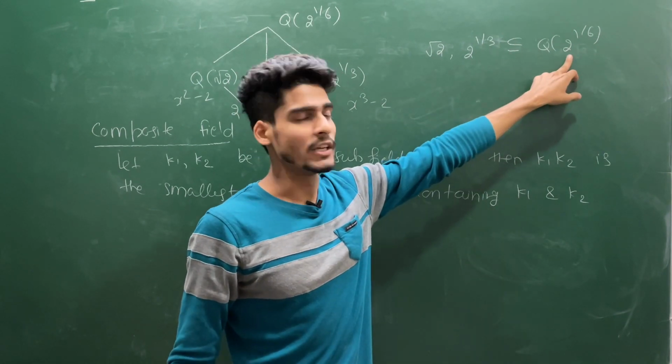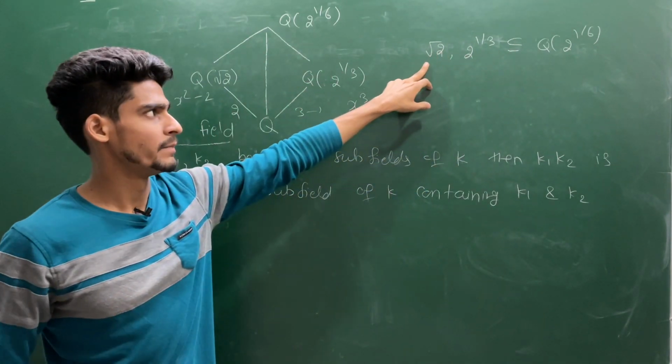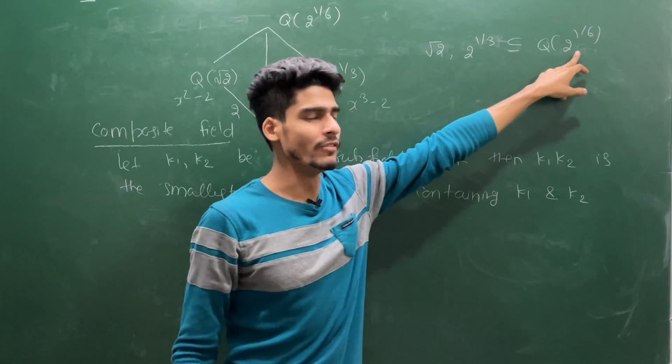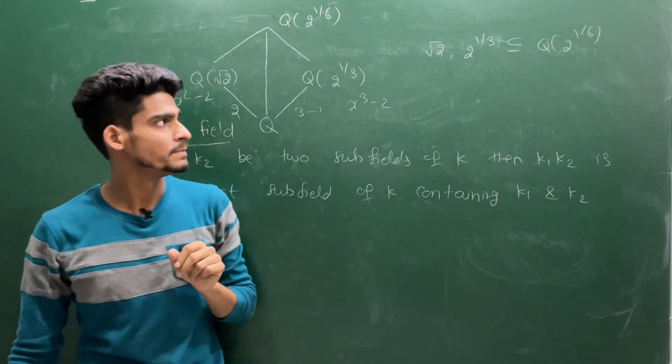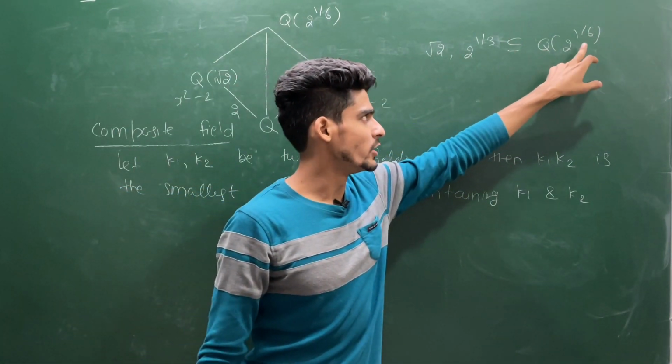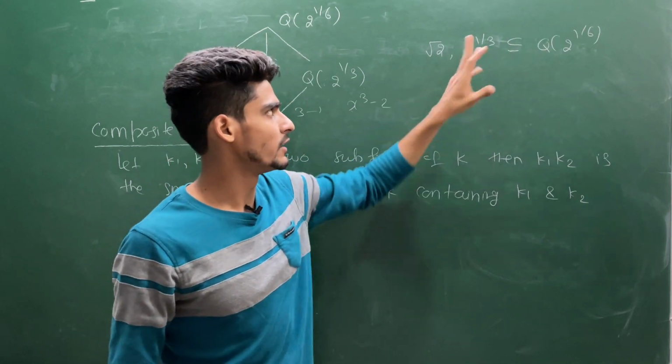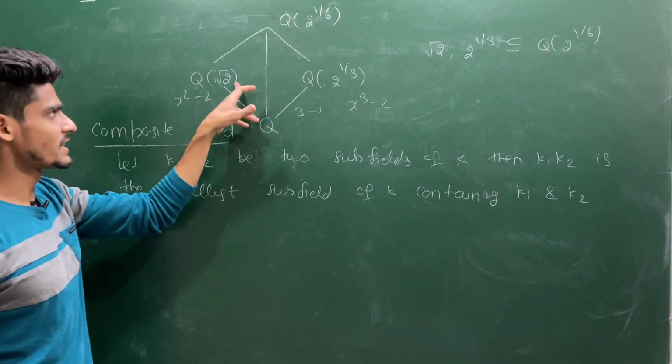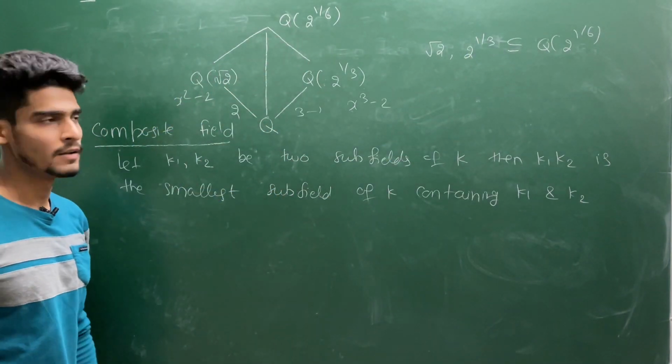If you take the cube of this element, you will get root 2, and square and cube will definitely be there because we are in a field. So this Q adjoin 2 power 1 by 6 contains root 2 and 2 power 1 by 3 both. So this extension and this extension both are there.